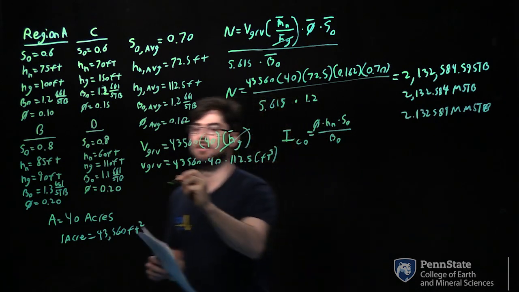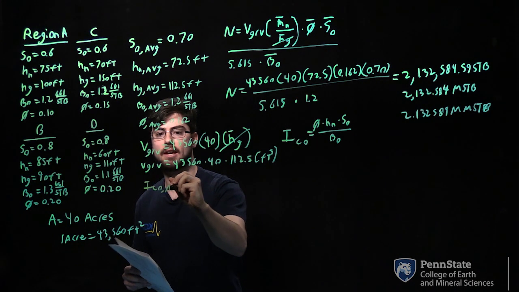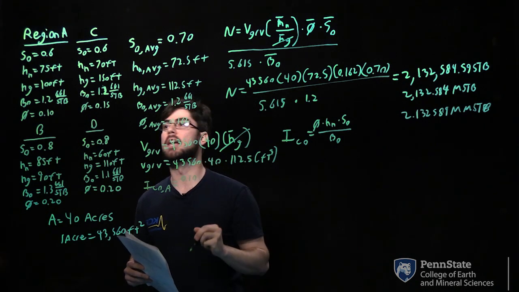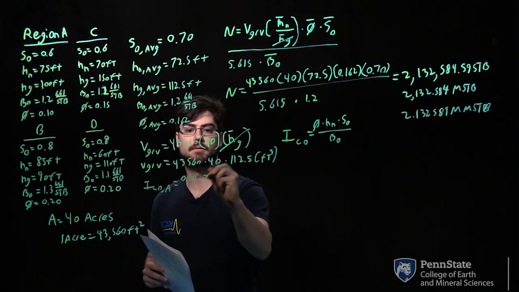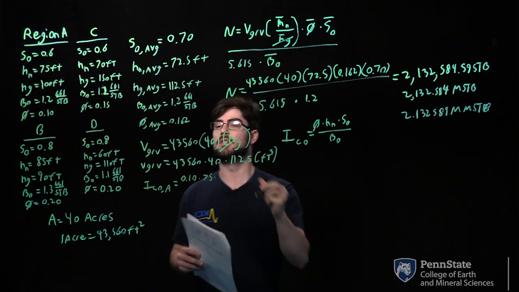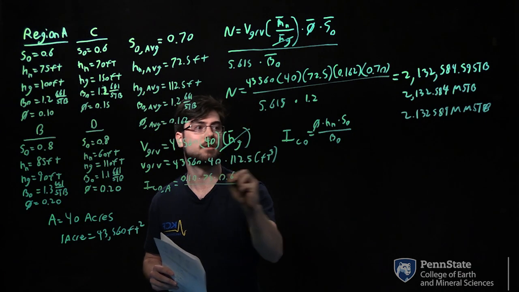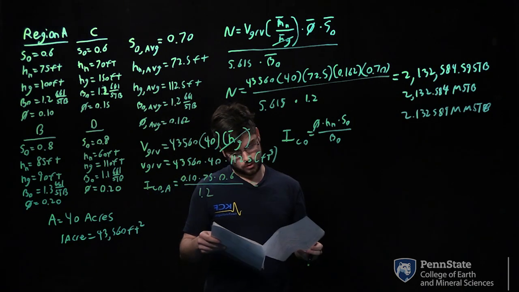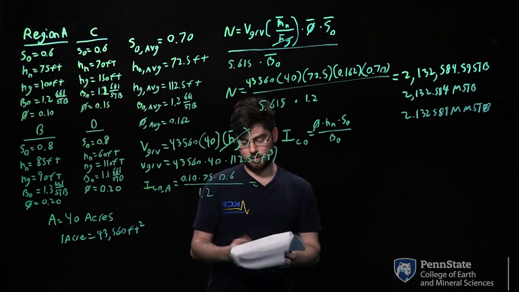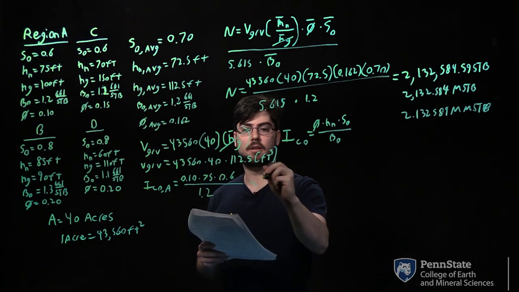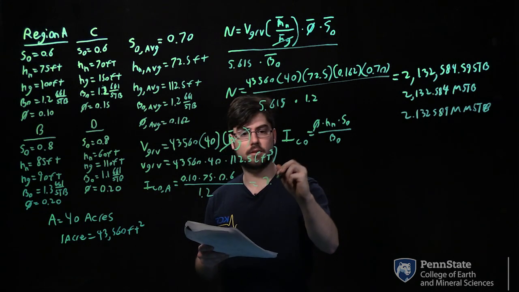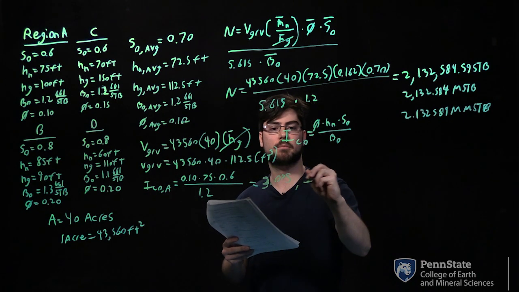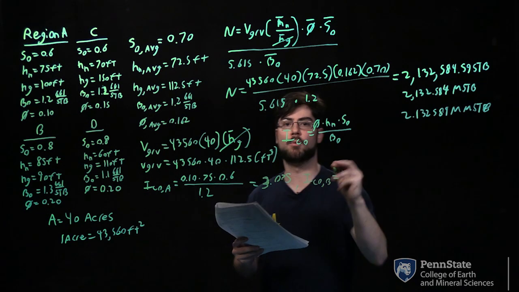So for ICO of A, it's just going to equal the porosity of A, which is 0.10. The net pay zone for A is 75 feet. The oil saturation is 0.6. And the formation volume factor is 1.2. When you do this calculation, you're going to get that ICO for region A is 3.075. And now for B, it's going to be the same way, just using B's values now.